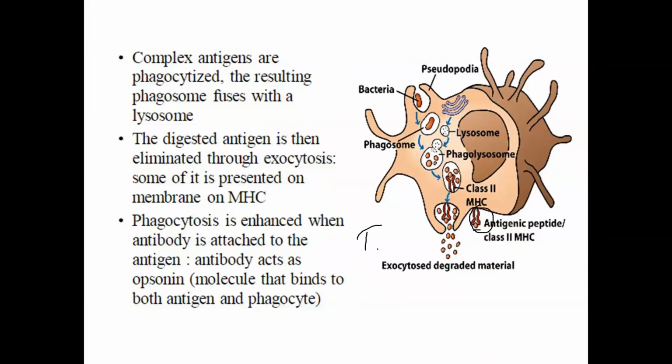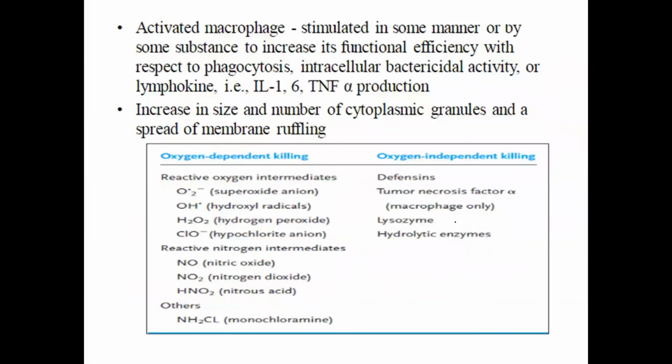Then there is activation of the T helper cell, then activation of the B cell, finally differentiation into plasma cells producing antibodies. Then the antibody will come and destroy. This is what happens in our body. So that's the reason I'm trying to explain: in the immune system, the first important step is phagocytosis.